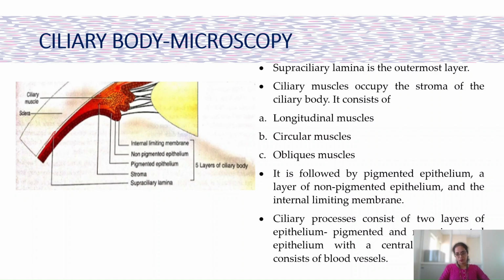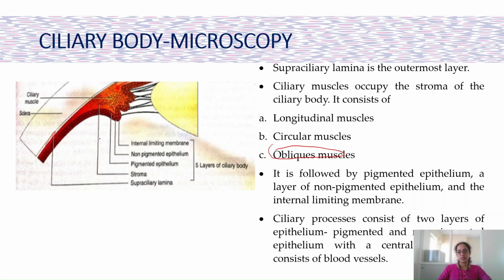There are three types of muscles: longitudinal muscles, circular muscles, and oblique muscles. The function of oblique muscles has not yet been understood. The functions of longitudinal and circular muscles I will discuss in the next slide. The next layer is pigmented epithelium, and after that there is non-pigmented epithelium, and then the internal limiting membrane.